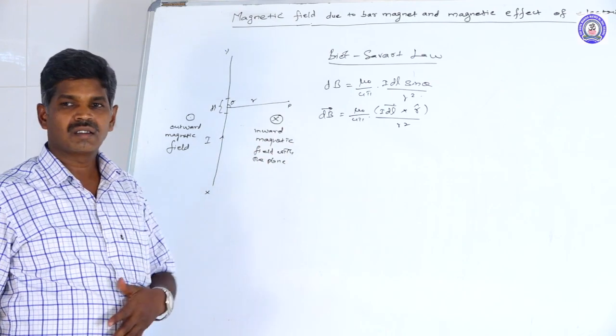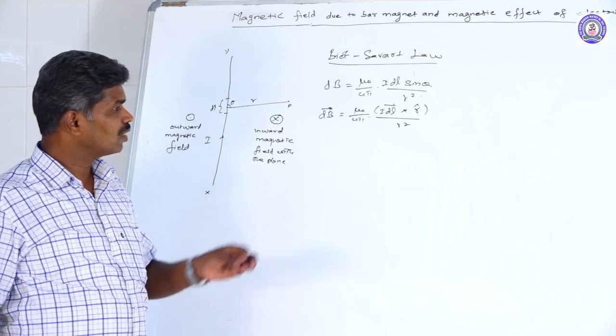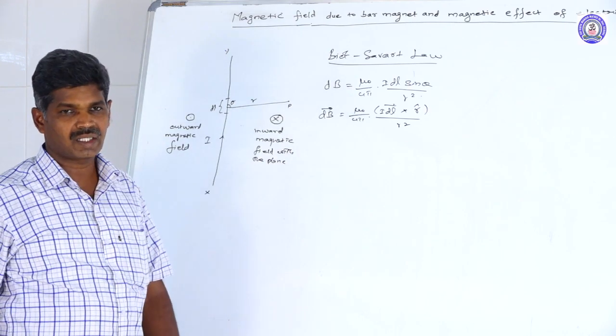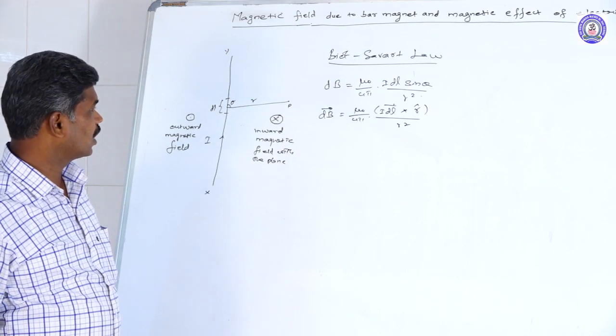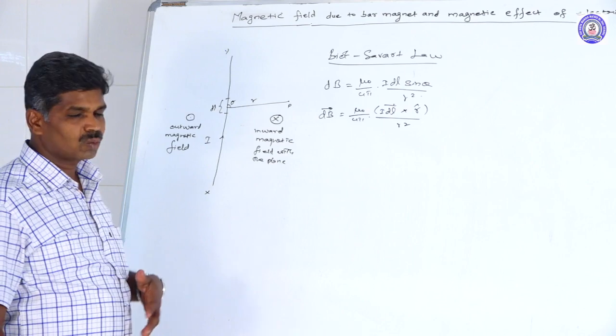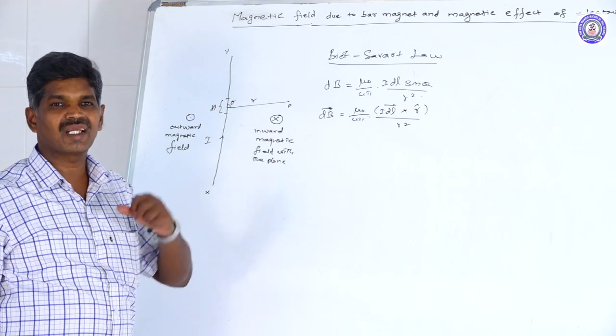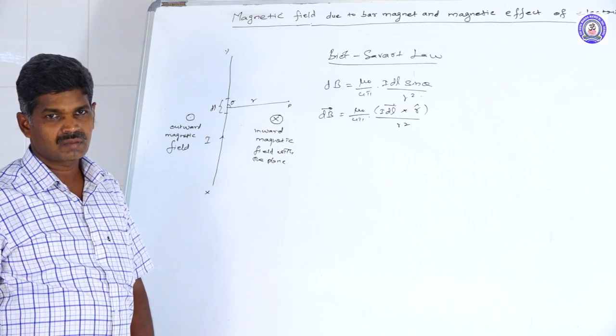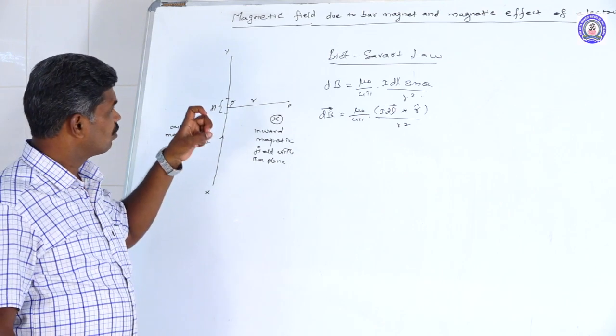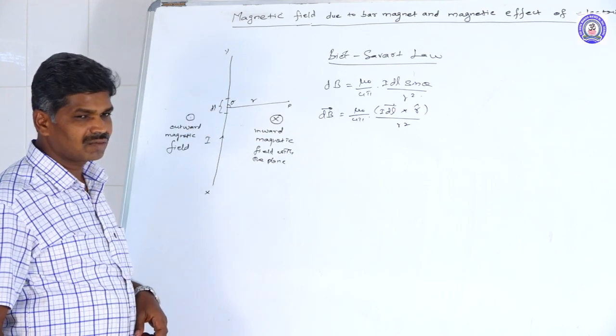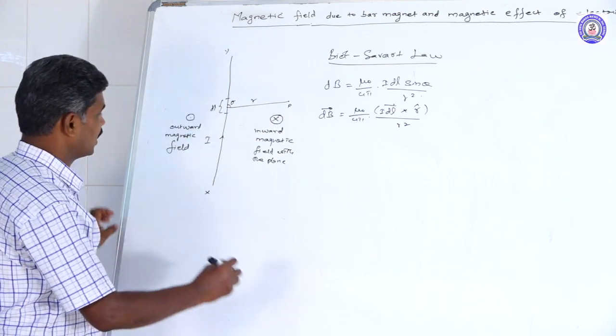Based on that vector cross product, we find the direction of the magnetic induction. And anyhow, we are now going to tackle a finite length conductor, which makes a certain angle with its ends.